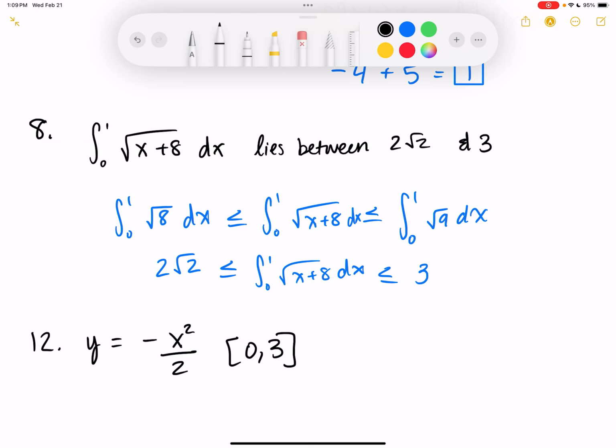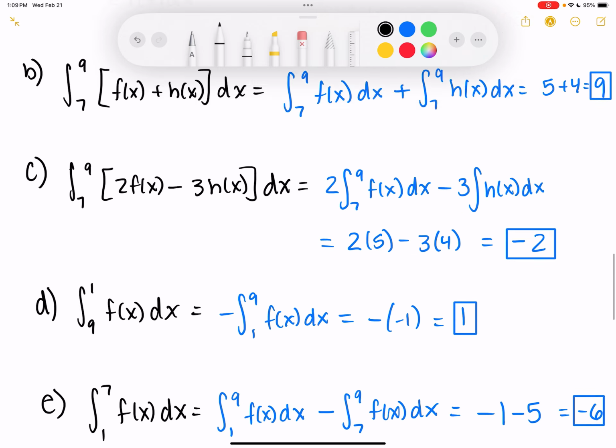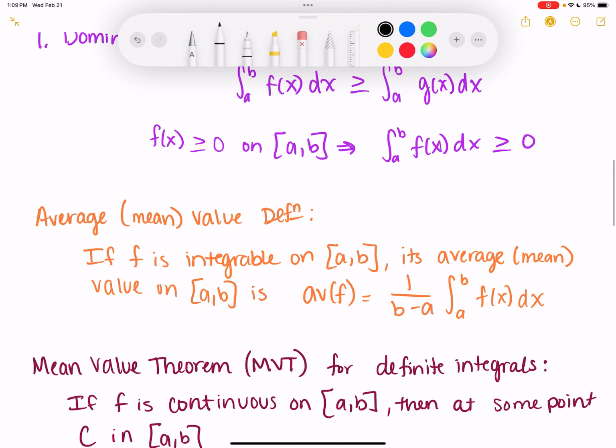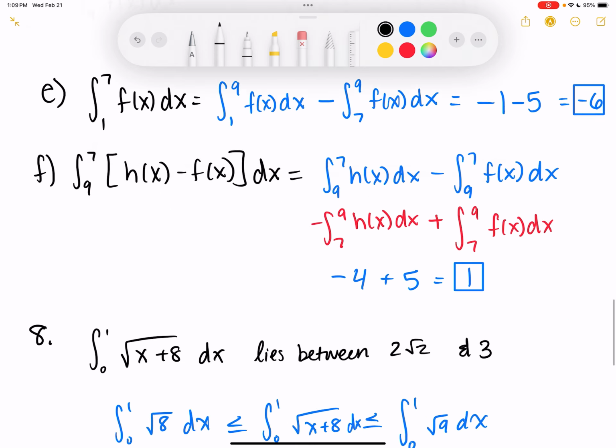So we're going to be using this average value formula, up here: 1 over b minus a times the integral from a to b of f of x dx, to set it up.